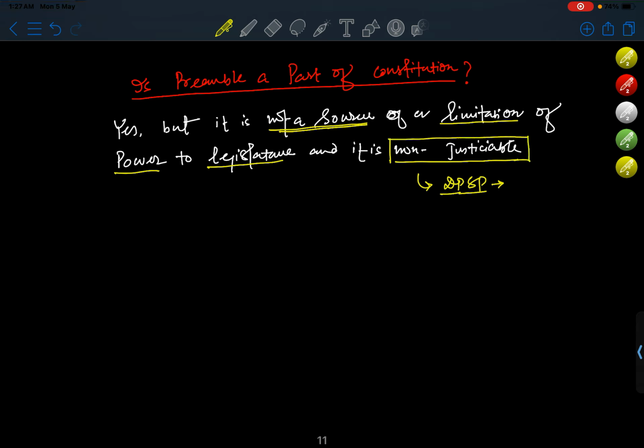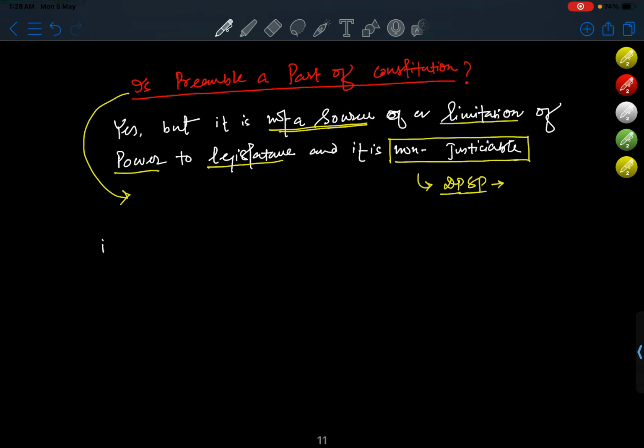Next, there are a few cases related to the preamble. There is a question: is the preamble a part of our constitution? For that there were several cases in court, and I will discuss a few here.